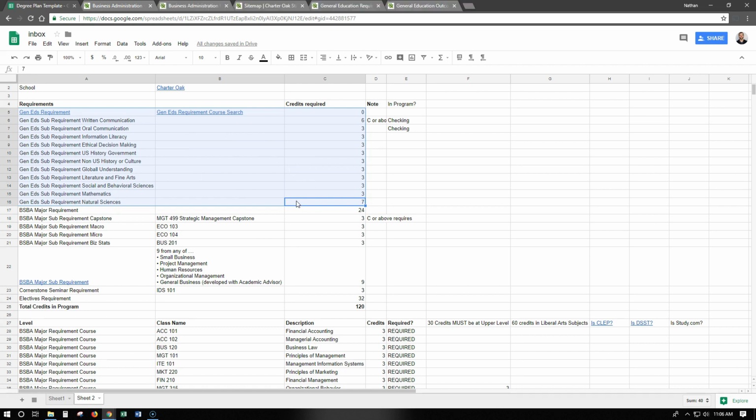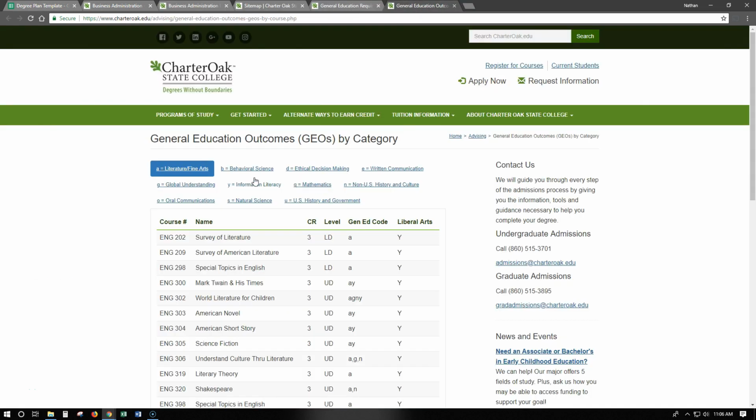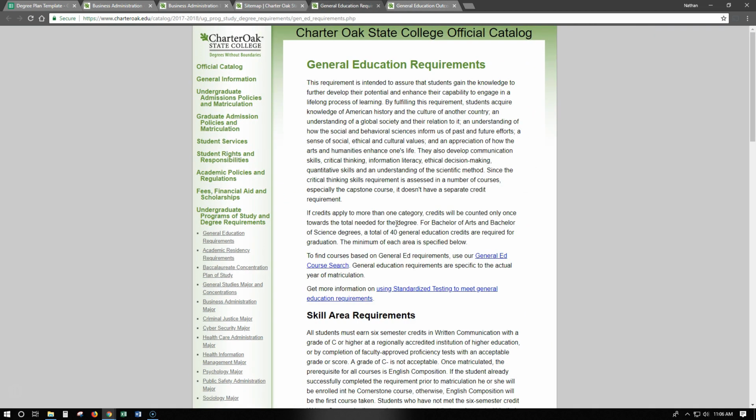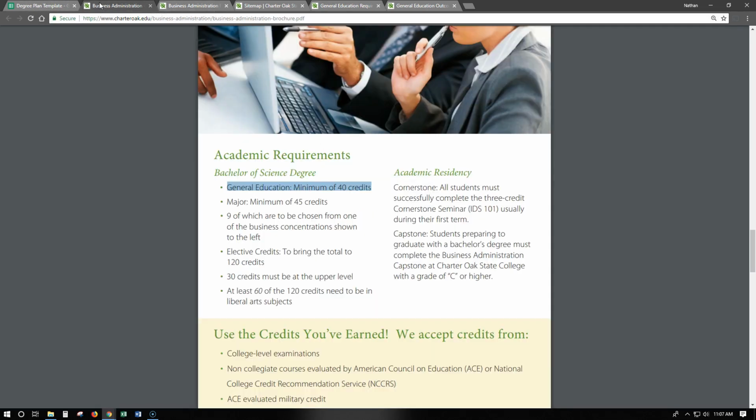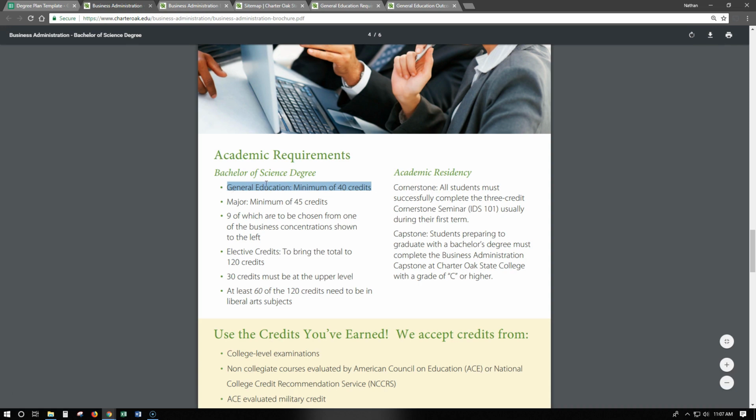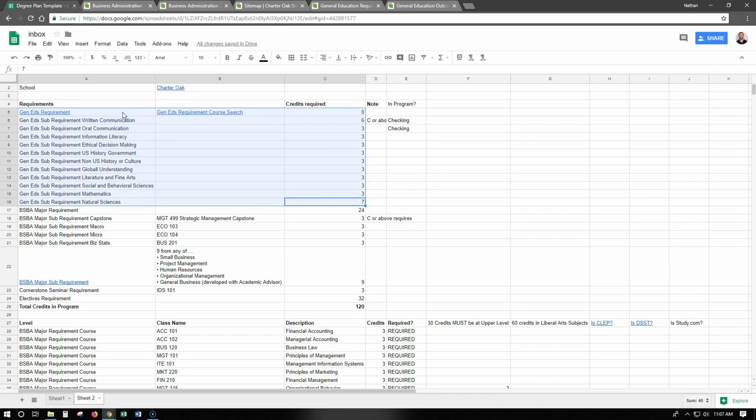With a little persistent searching, we're able to find on the Charter Oak website, first of all, their general course catalog, which is a pain enough to find, but then also their general education requirements section. So we know from our brochure that we need general education minimum of 40 credits. Okay, we drop this up here. Oh, I literally linked it into the sheet.